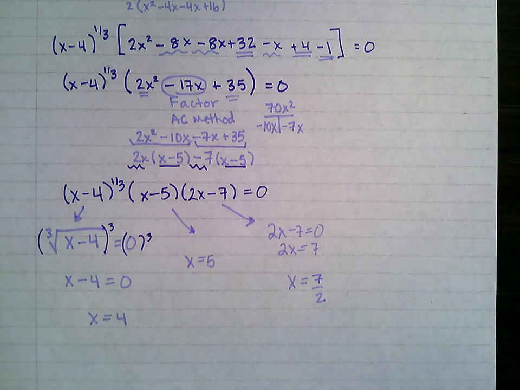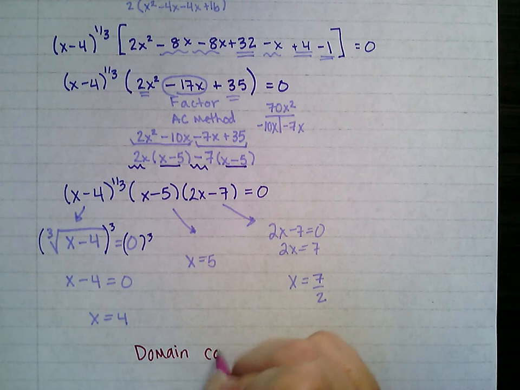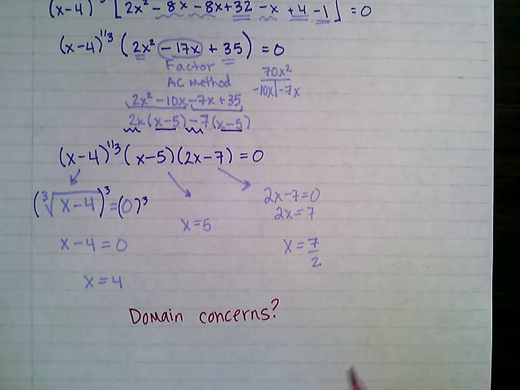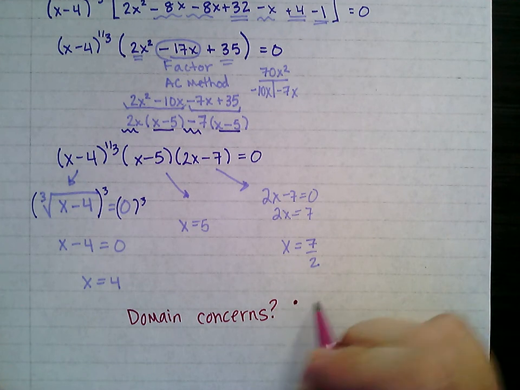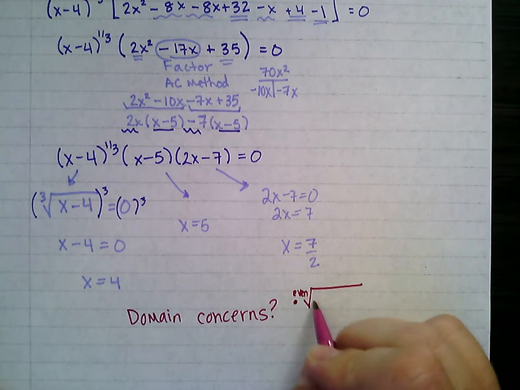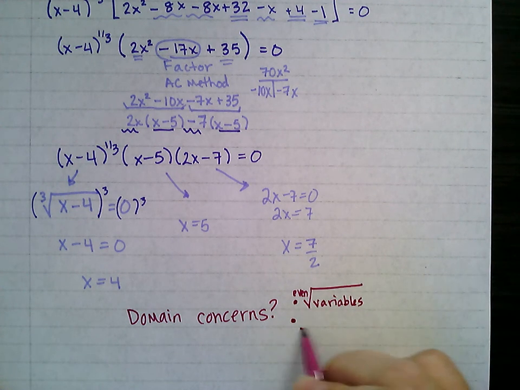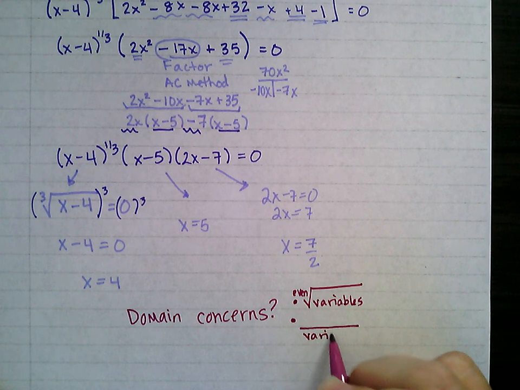Okay, question. Do we have any domain concerns that would make us have to check? Remember that as of right now, our domain concerns are variables inside even index radicals or variables in the denominator.